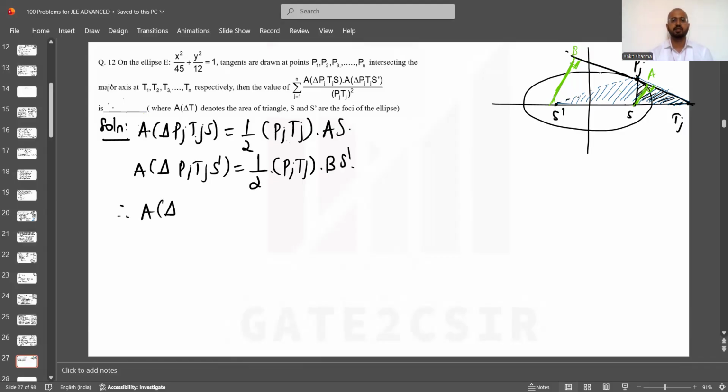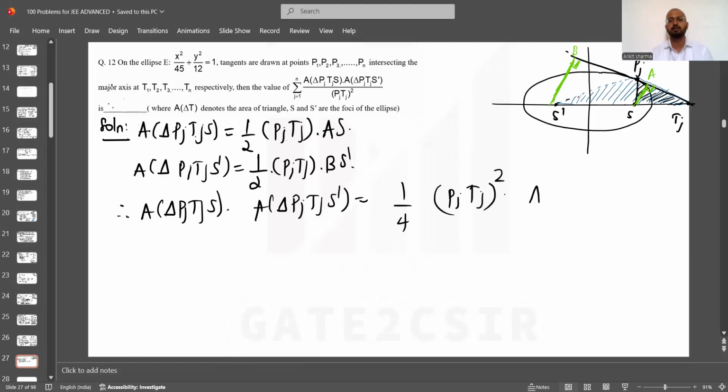So I need to multiply these. So area of triangle P_j T_j S into area of triangle P_j T_j S dash will be equal to 1 by 4 into P_j T_j square into AS into BS dash, and then total upon P_j T_j squared. So this P_j T_j square gets cancelled.